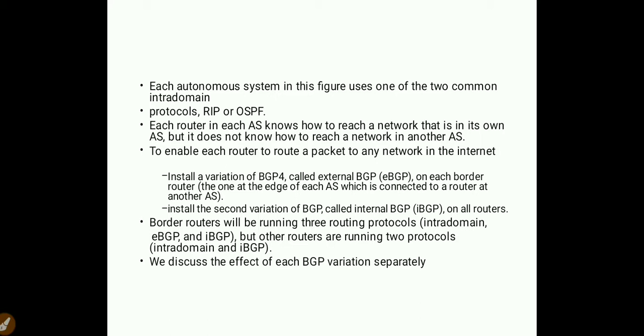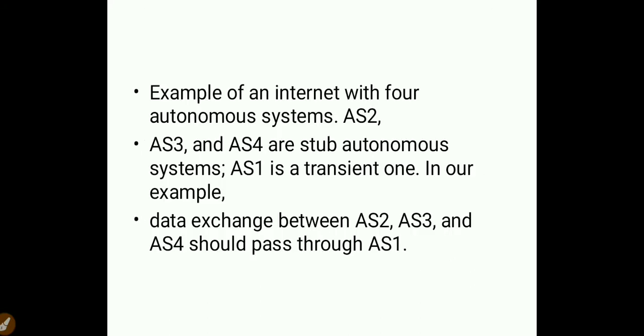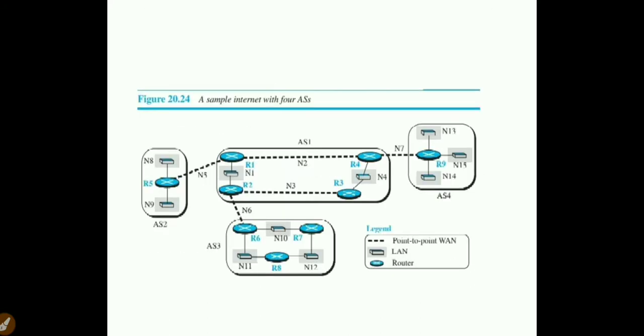So in this example scenario, R1 and R5, these two are connected by an eBGP link. This link N5 is an eBGP link, external BGP, for connecting the two autonomous systems AS1 and AS2.